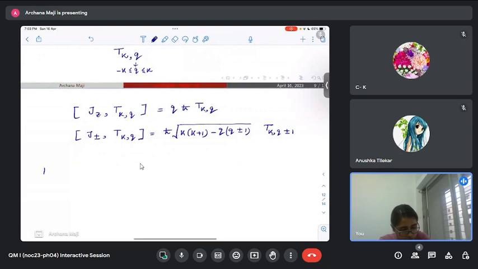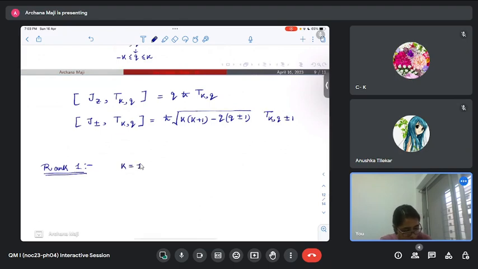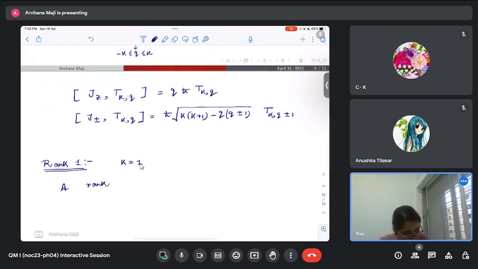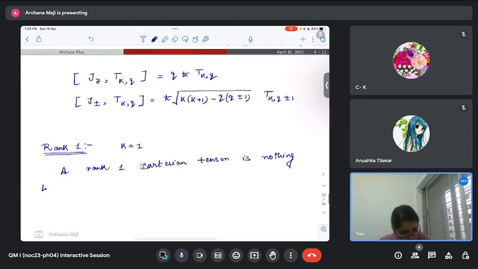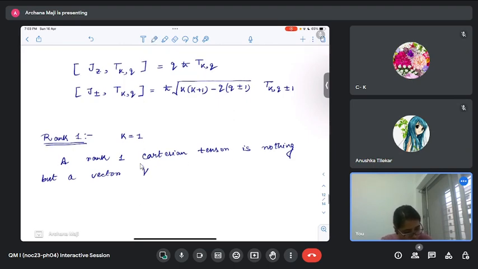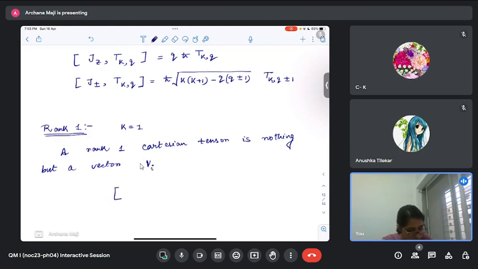Okay, now let's talk about rank 1. So rank 1 means k equal to 1, and a spherical rank 1 Cartesian tensor is nothing but a vector, call it V. And so the commutator of Jz with it, and we know how that commutator holds.